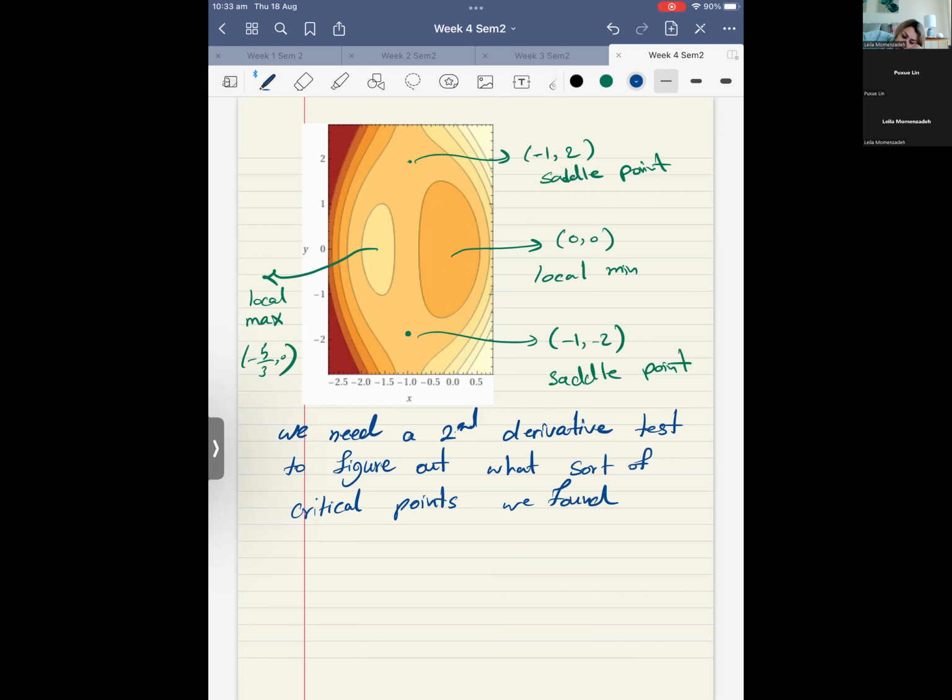If you use the second derivative, it means that you don't need to use the graph.